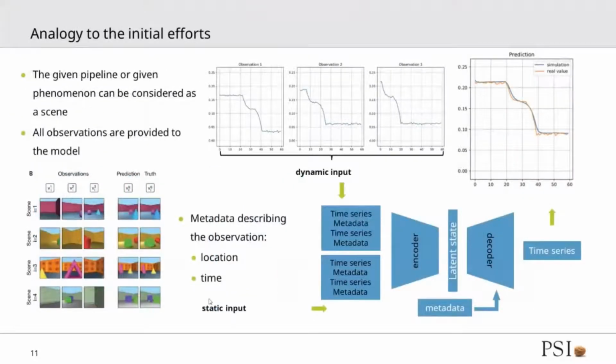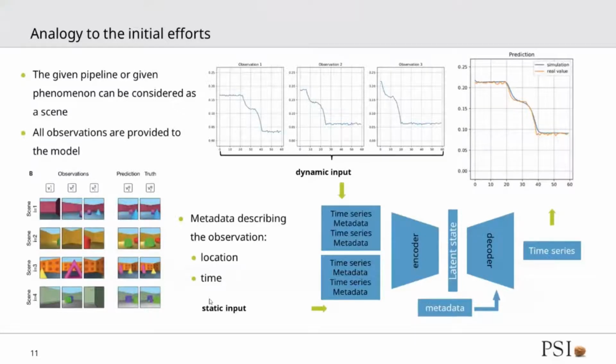So to compare our approach with the previous one, the original one, we have a scene represented by images. And now in our use case, we will have a pipeline with some hydraulic states, some hydraulic events, which are represented by pressures measured at a given point.